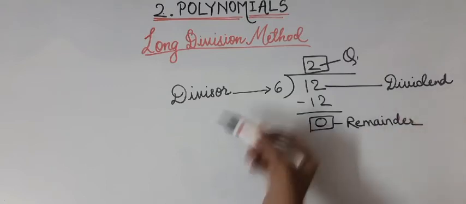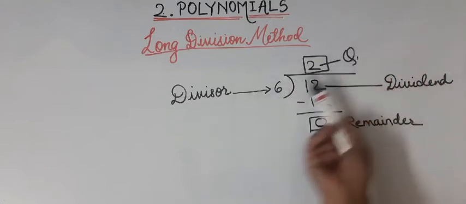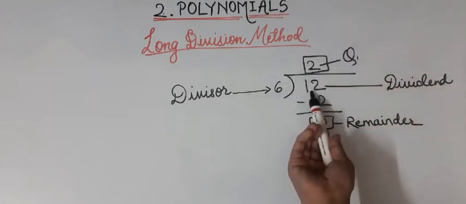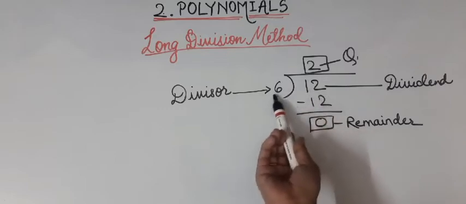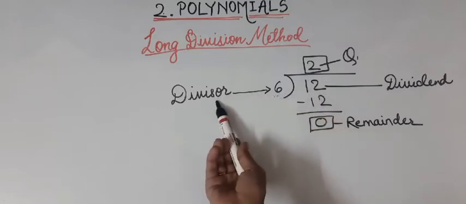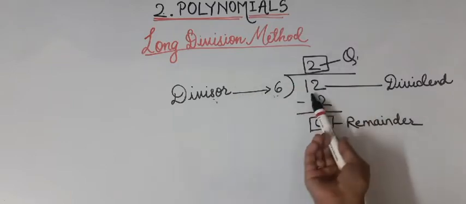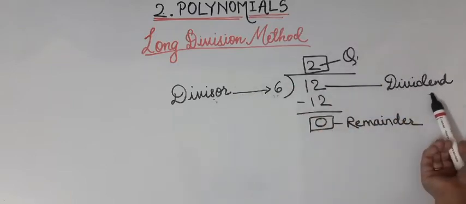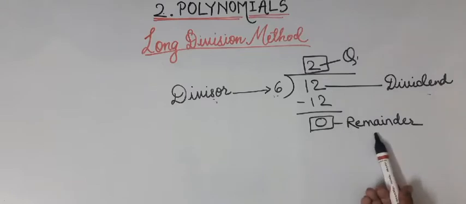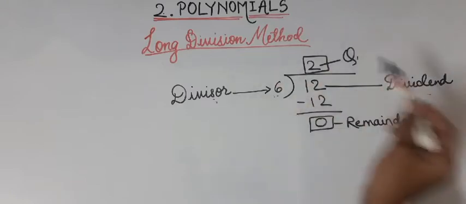So in this division 2 is the quotient. You are dividing 12 by 6, so 6 is the divisor. You are dividing with 6, so divisor, and you are dividing 12, so it is the dividend. And here down it is the remainder. So these concepts should be clear.